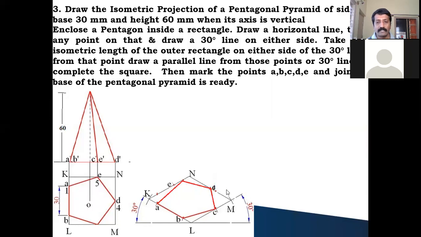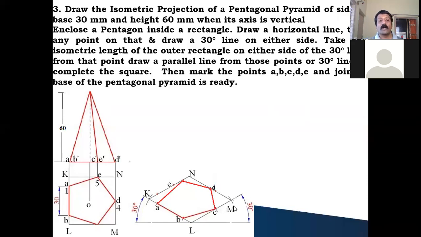L to M you take, convert that into isometric scale. From L, on the right side 30-degree line you cut it, and you call it M. Similarly, L to K distance you take, convert that into isometric scale. From L, you cut the 30-degree line on the left side, and you call this K. Once you get K and M, from K you draw a line parallel to LM, or draw a 30-degree line on the right side.